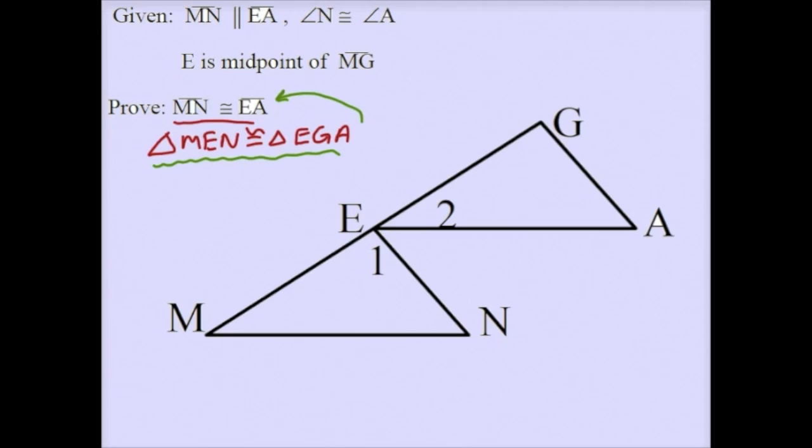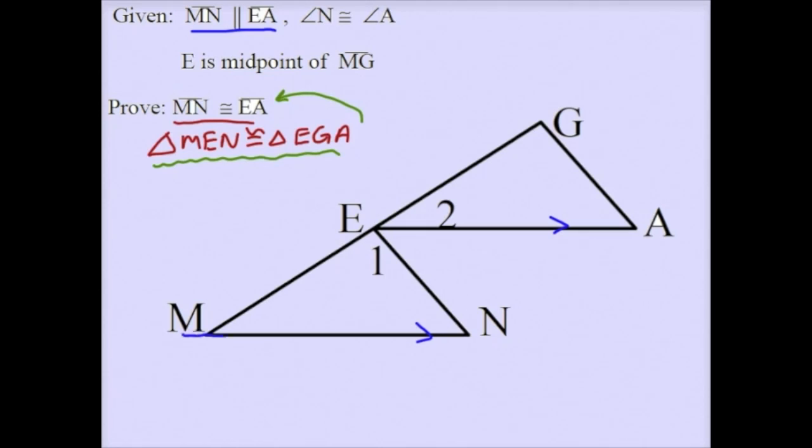Which of our triangle congruence theorems can we use? We know that MN is parallel to EA. And what that tells me is any angles that are created by those segments will be either congruent or supplementary.